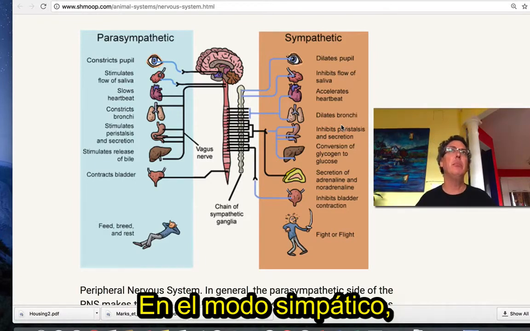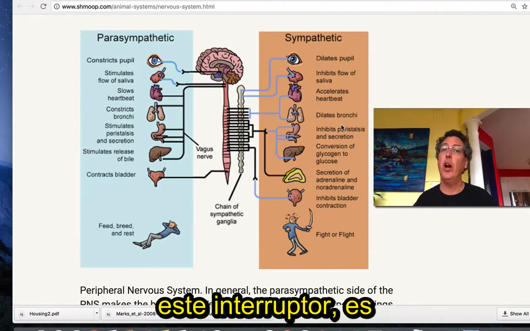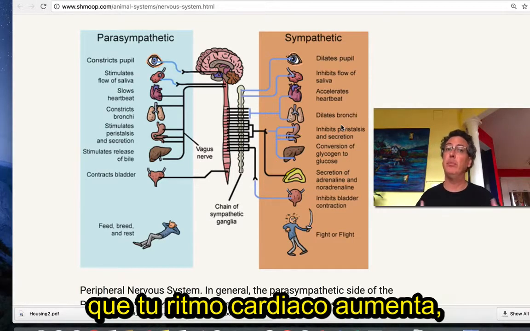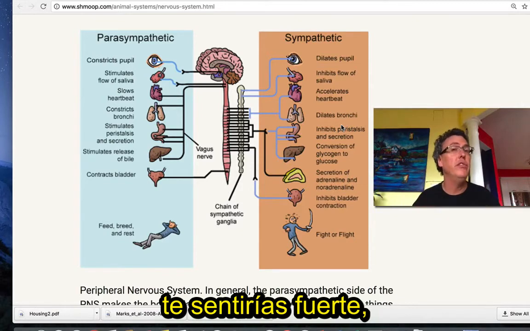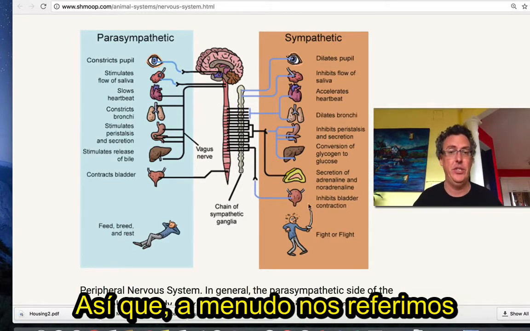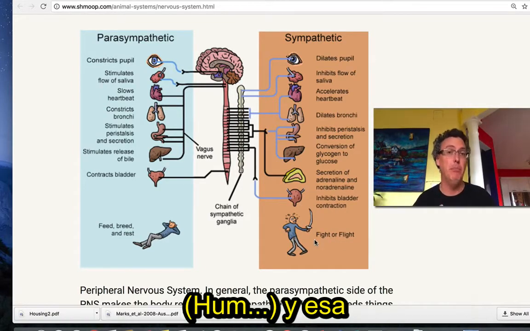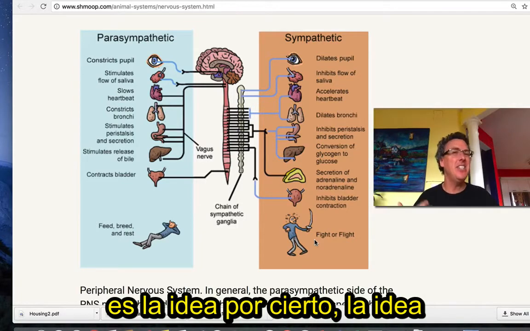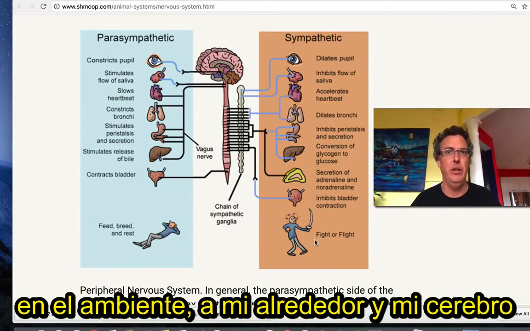In sympathetic mode, what you would feel when the switch gets flipped is you'd feel your heart rate increase, you'd feel your respiration increase, you would feel strong, you would feel alert, you would feel ready for action. So we often refer to this as the fight or flight mode. And that's the idea, by the way. The idea is there is danger in the environment around me.